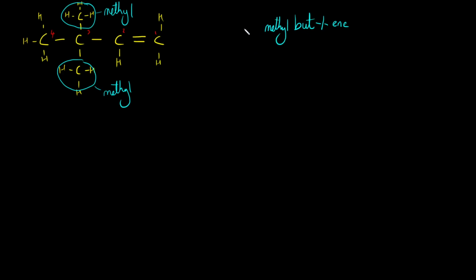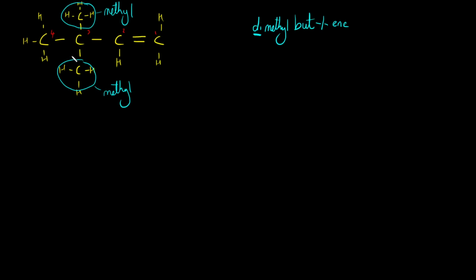Don't forget this step. I've got 2 methyl branches, so I must and need to write in di. Has to put that little prefix in front of the methyl, because we've got 2 methyl branches. That's what the word di means. It means 2. So we've got dimethyl but-1-ene.